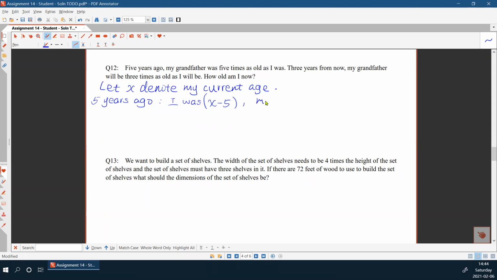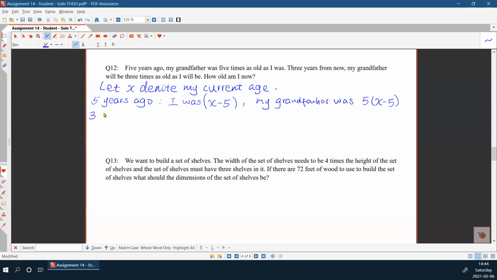And 5 years ago, my grandfather was, it says, 5 times as old as I was, right? So 5 years ago, my grandfather was 5 times x minus 5 years old, right? This is my grandfather's age 5 years ago.